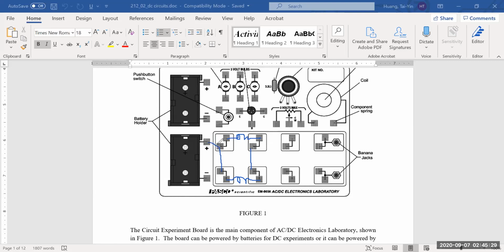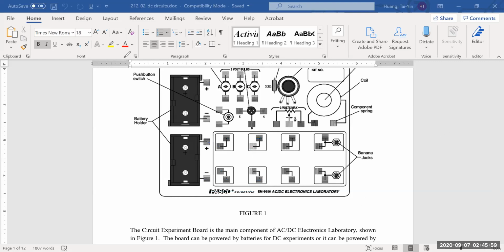So the current coming here can go from this point or that point, and then you might have one wire lead from this spring all the way up to here. Okay, so this is one junction, and this is another junction, and then come back here. You don't have a wire lead here, because then you will short the circuit.